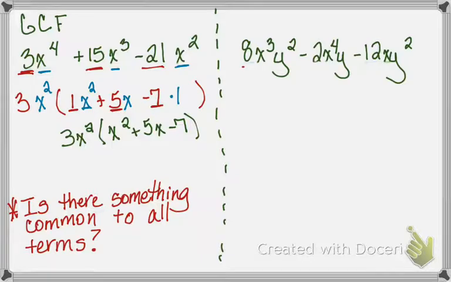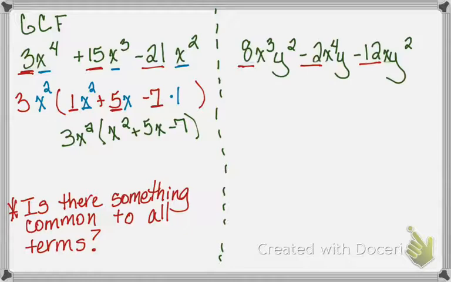Okay, I'm going to look at my 8, I'm going to look at my negative 2, and I'm going to look at my negative 12. 8, negative 2, negative 12. What comes out of that? All of the numbers. Look again. You got a little too optimistic there, but yes, you're good.